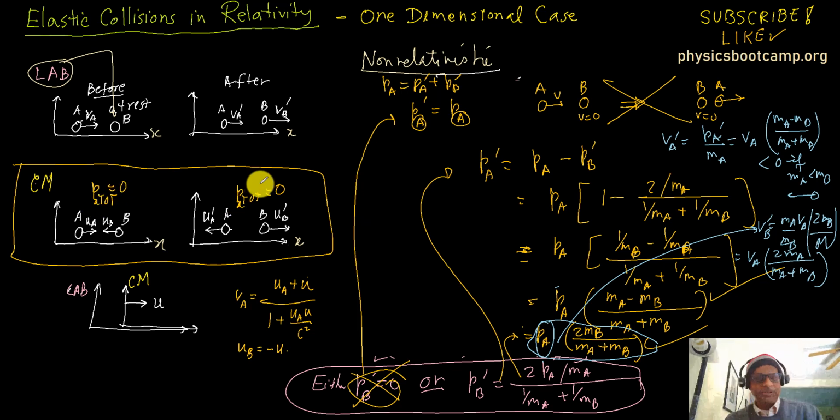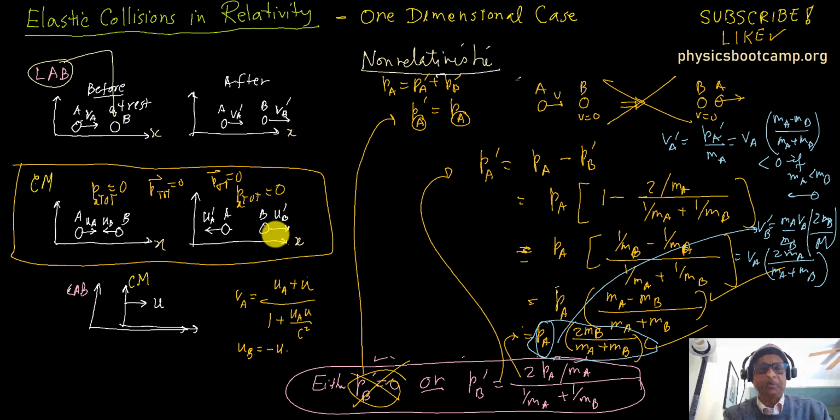And so in a vector way, P total vector equal to 0 and P total vector equal to 0, so that defines the same frame. In this frame, that's the case. And so here we will know both UA and UB, just like we know VA and VB here. We will know the masses, and then we need to predict these guys, and it's really much easier.